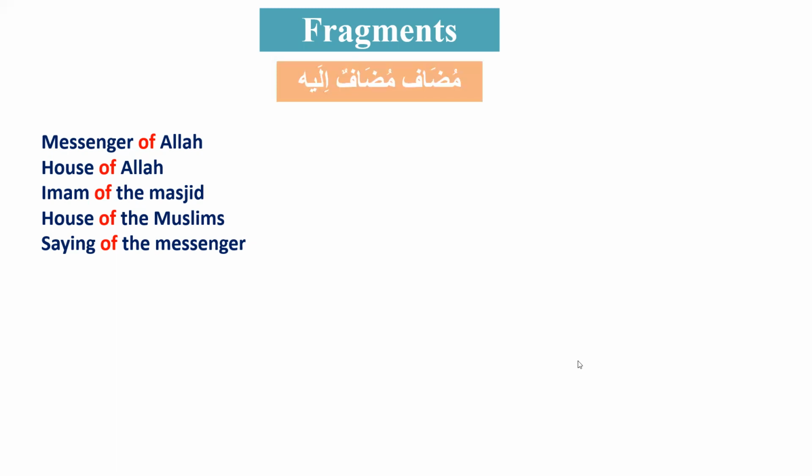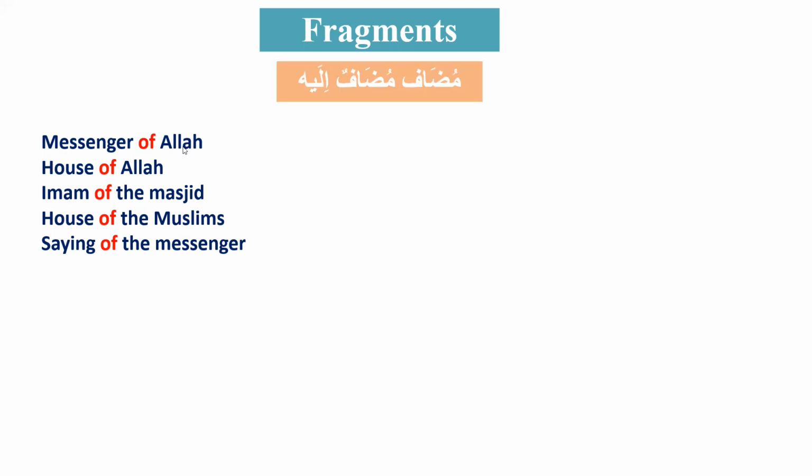So in all of them, there is a word before "of" and a word after "of", and there is a belonging relationship between the two words. That is a common theme. Messenger of Allah means a messenger which belongs to Allah.